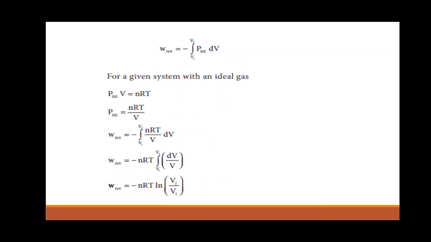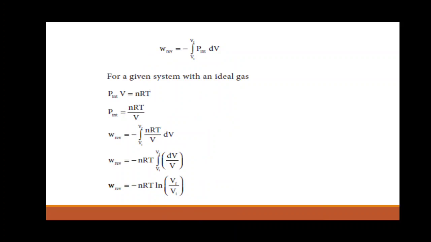Now the reversible process work, you have to write it depends on the internal pressure. For a given system with an ideal gas, this equation is compared with the ideal gas.